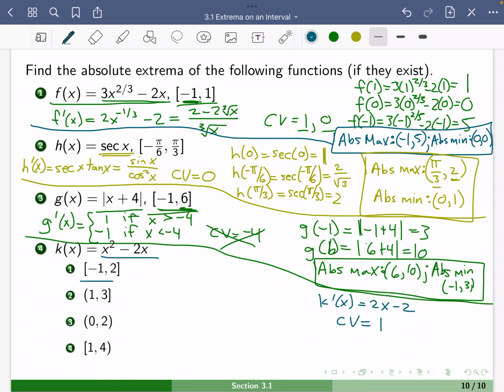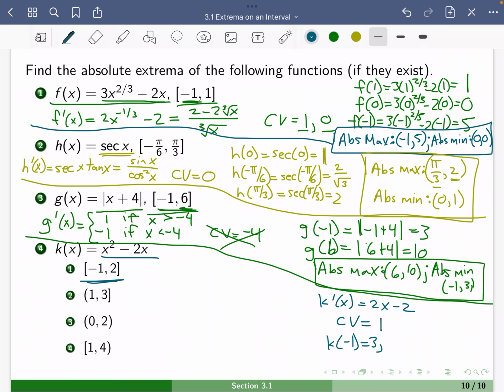So for this first function, going from -1 to 2, we can plug in -1 into the original function. If we plug in -1, we will get an output of 3.